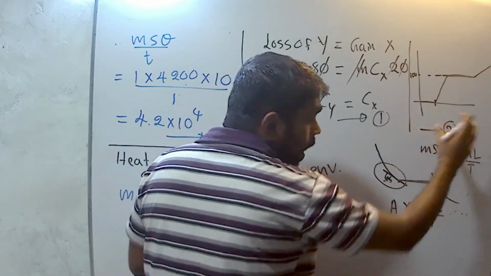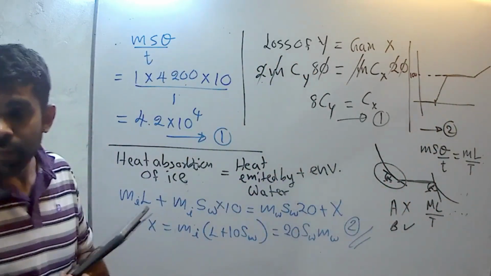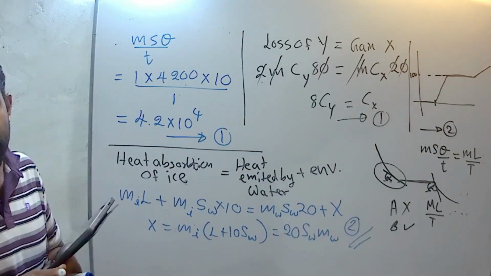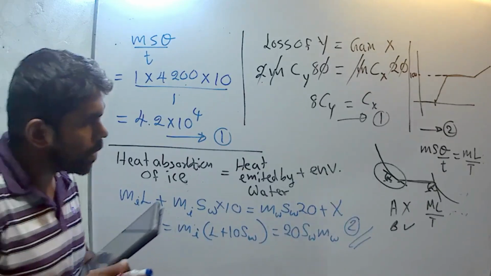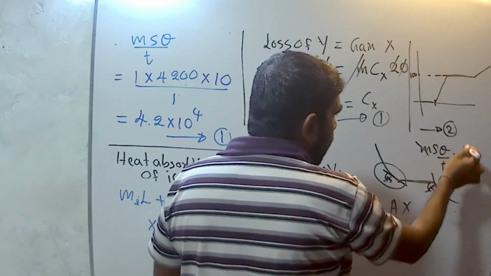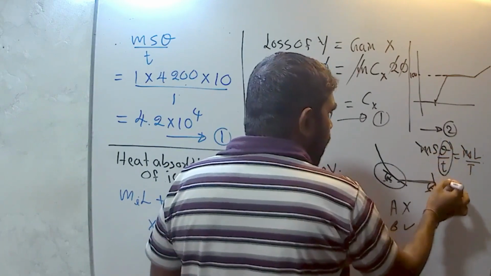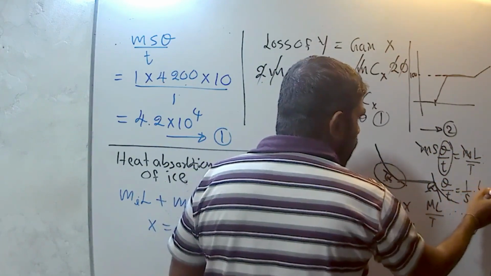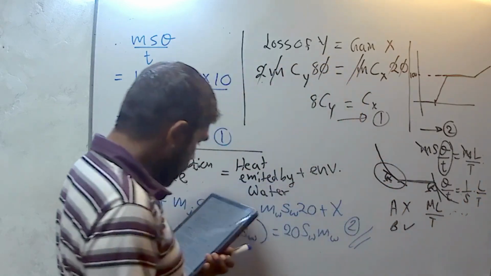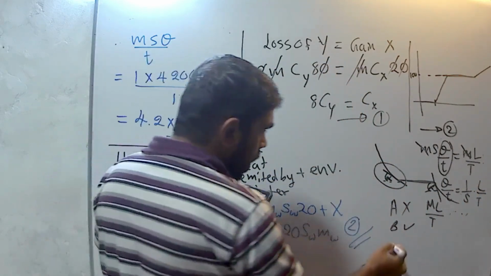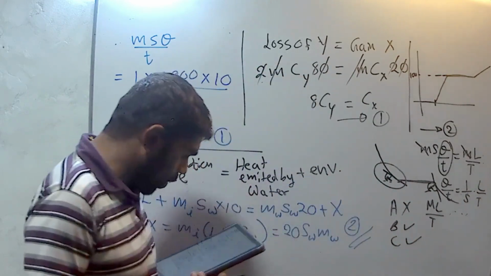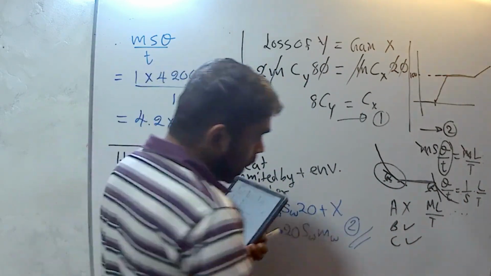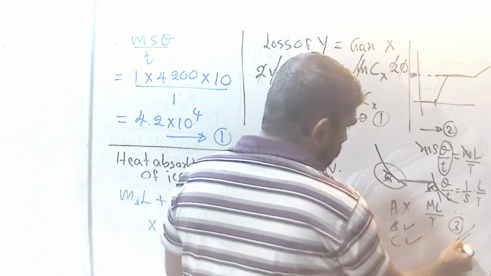This heat loss rate depends on the excess temperature over the room, according to Newton's law. Then we can cancel out m and m. The gradient theta over T is 1 over S times L over T. Then statement C is correct. B and C only are true. Then the third one is the correct answer.